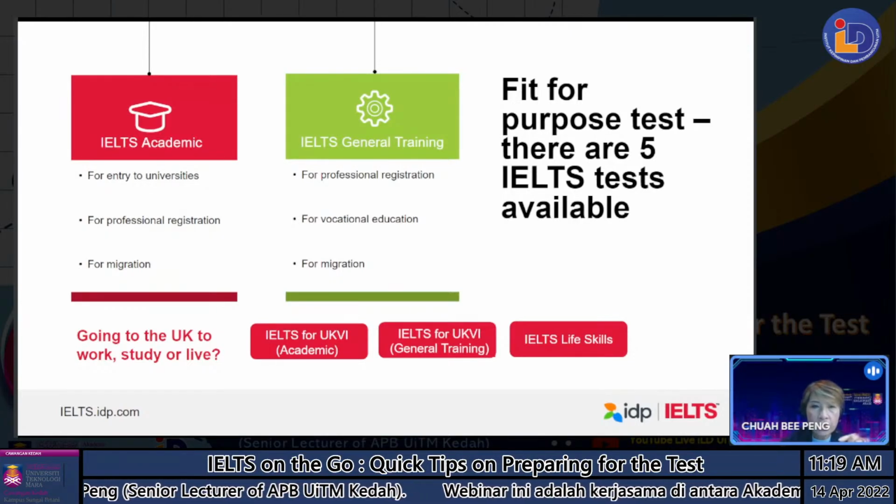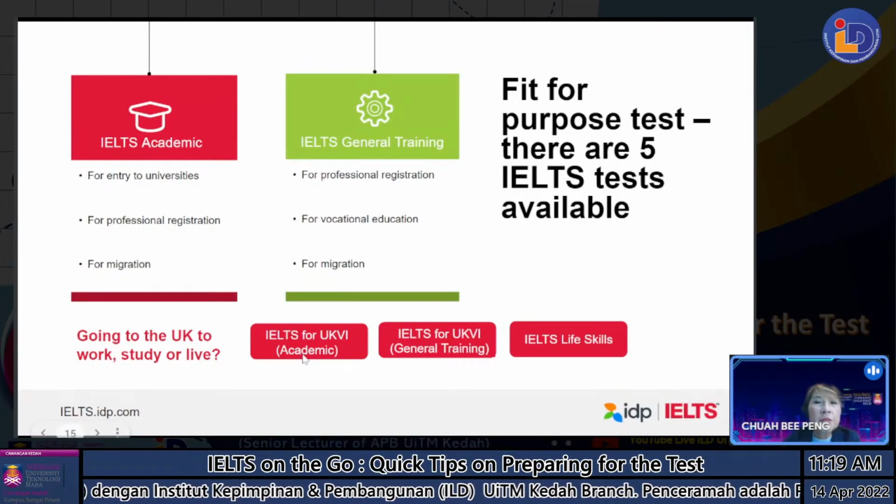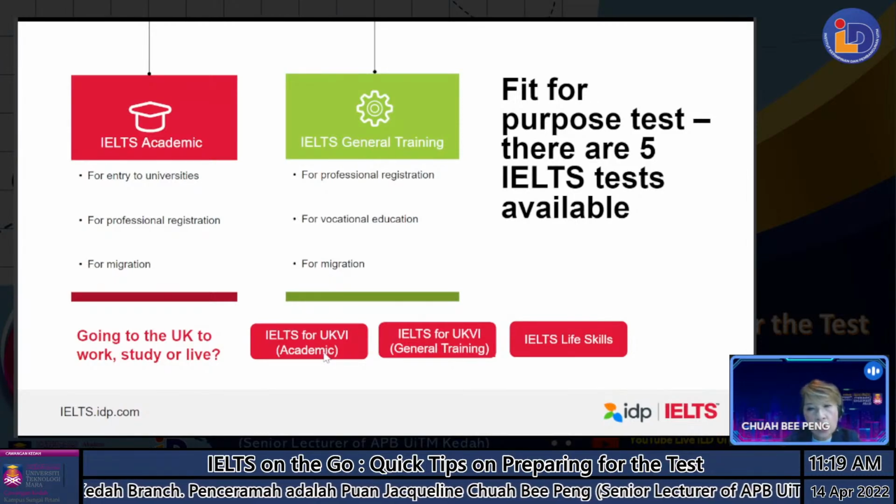But if you go to the UK and do the test, or you opt for the UKVI version, which I think is only offered in several countries, not all, then the speaking session will be video recorded. Over here, we just have audio recording. But I don't think this matters to you much; I think this is the problem of the examiner. But again, you have to make sure that you sign up for the right version.